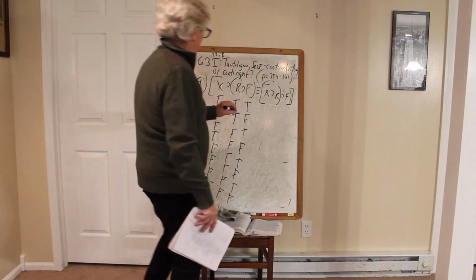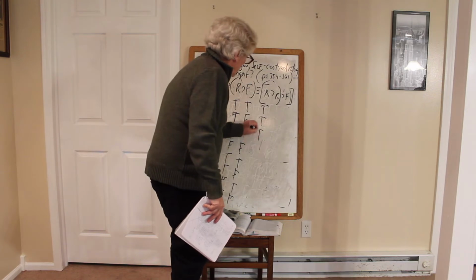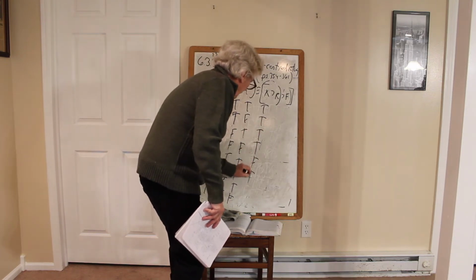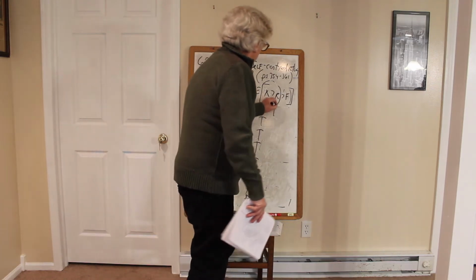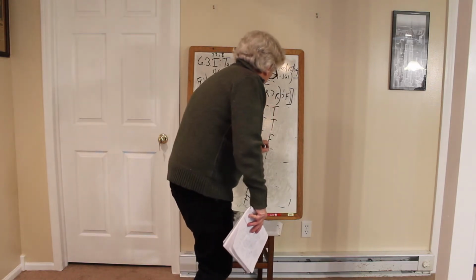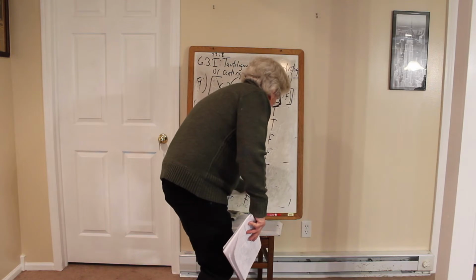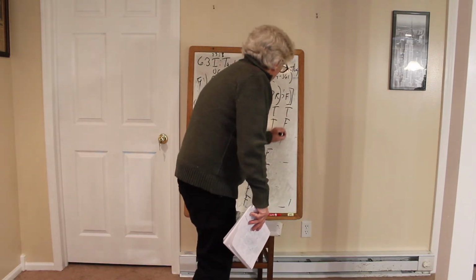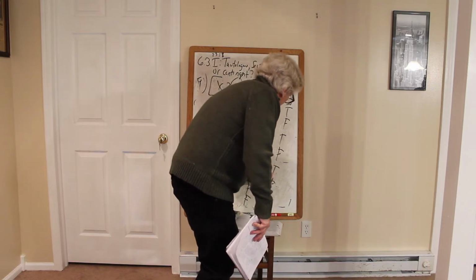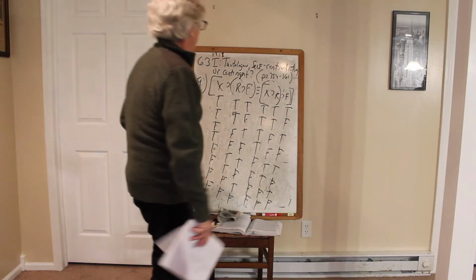I see X, I've seen it before, 4 truths, 4 falses. Under R, 2 truths, 2 falses, 2 truths, 2 falses. Under F, alternate true, false, true, false, true, false, true, false. Okay, now we've set it all up.